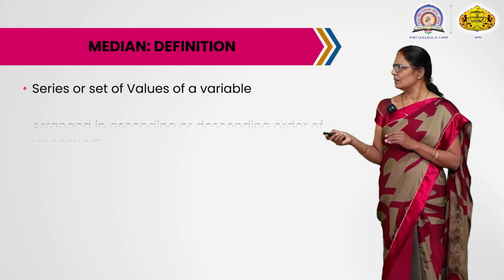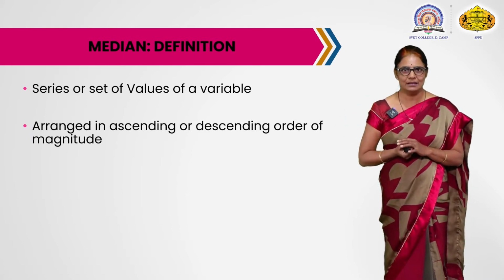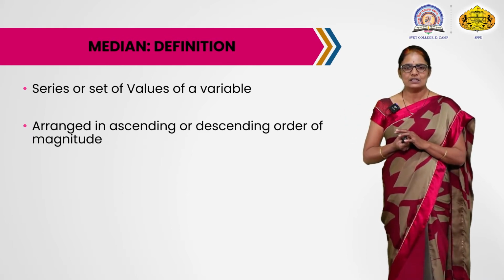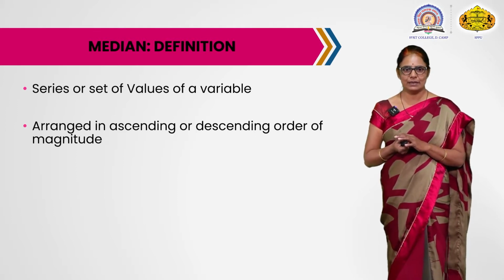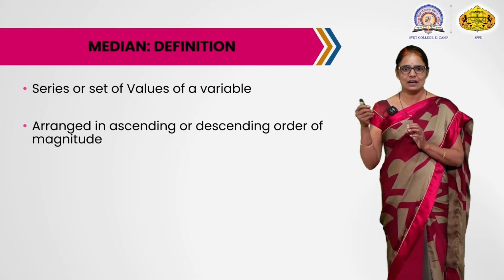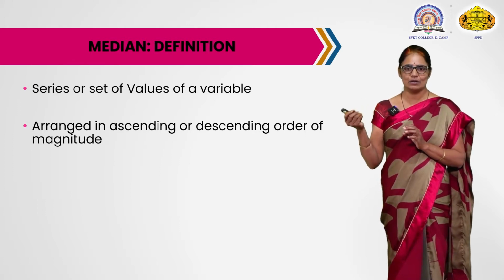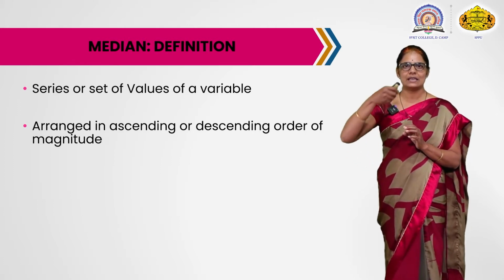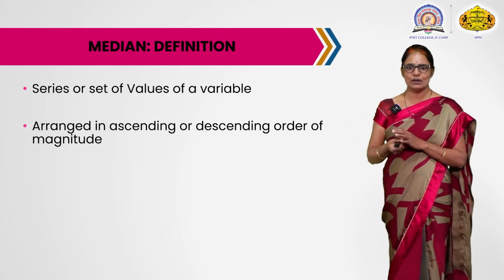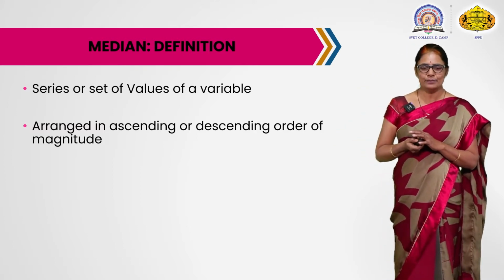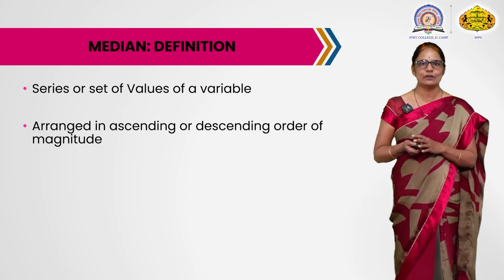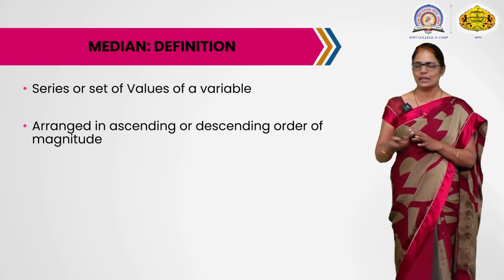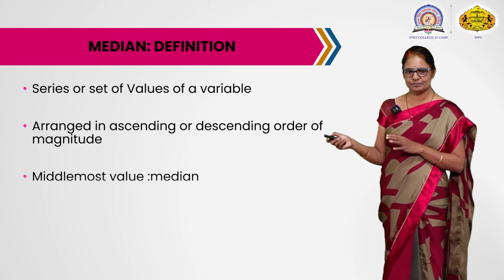So let us see the definition of median. Suppose we are given a series or set of values of a variable arranged in either ascending or descending order of magnitude. Then the middlemost observation is called the median of that variable or the median of the series.